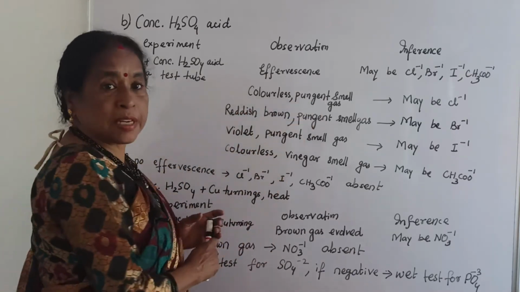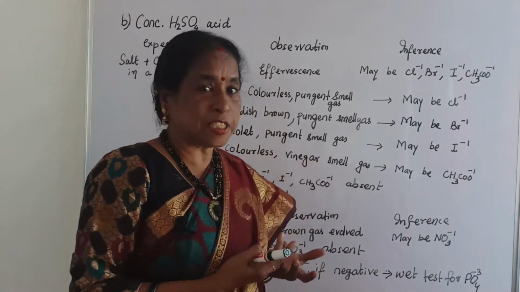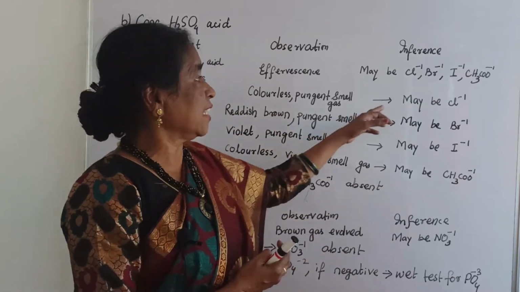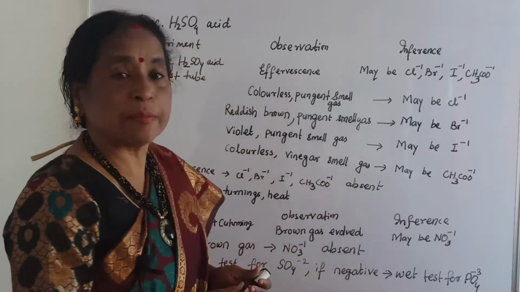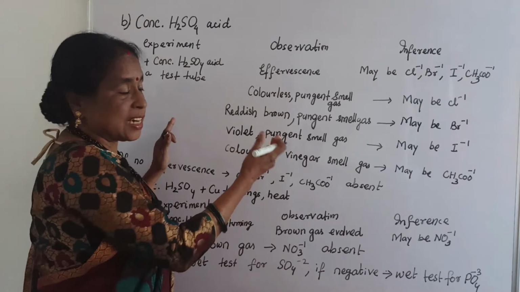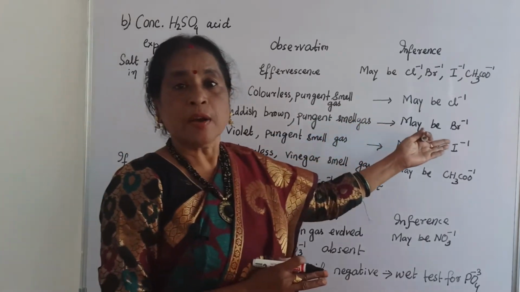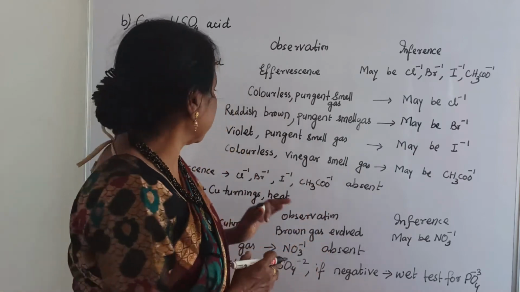Colorless and pungent smell gas. What is pungent smell? You can't tolerate it, and that is maybe chloride, Cl minus 1. Then if the color is reddish brown with pungent smell gas, then it is maybe bromide, Br minus 1.